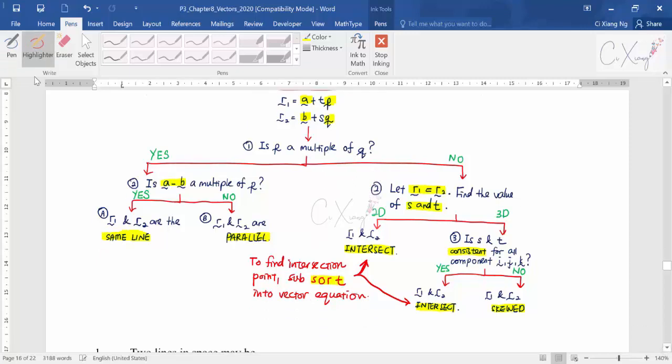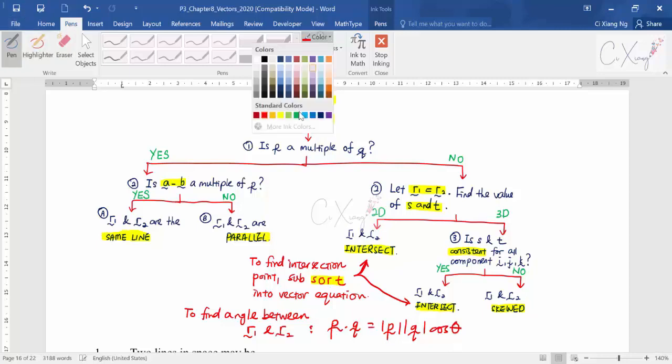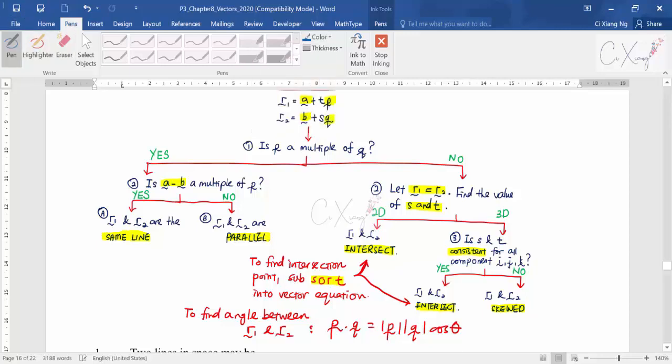Okay, and for intersection, you also can find out the angle. To find the angle between R1 and R2, the concept is almost the same as what we learned before. You use the formula P dot Q equals modulus P modulus Q cos theta. So there are two important things here.